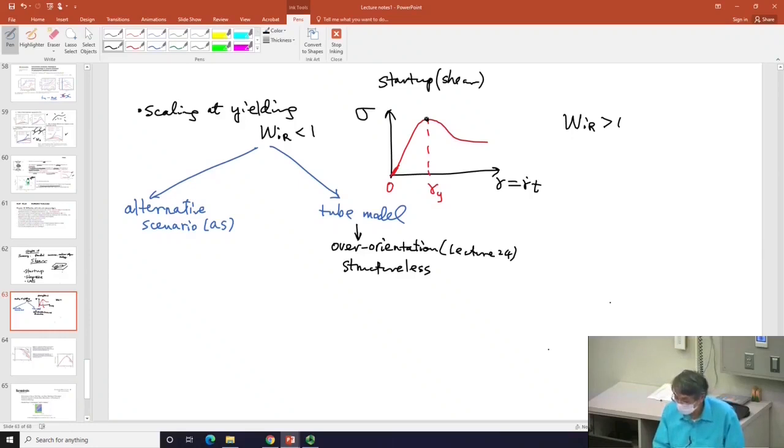Whereas we were still saying that this is perhaps an issue of disentanglement, and more importantly, the concept of yield. Yield is a word you can use macroscopically, and the molecular origin is disentanglement.